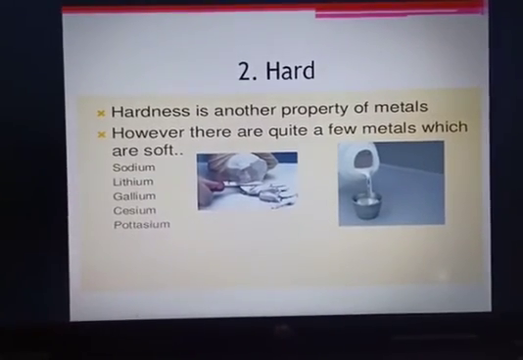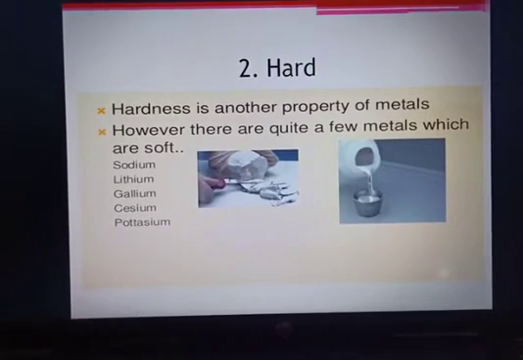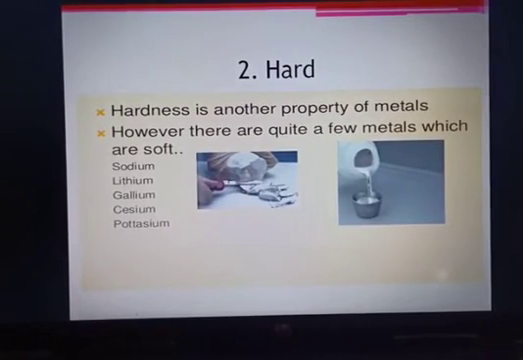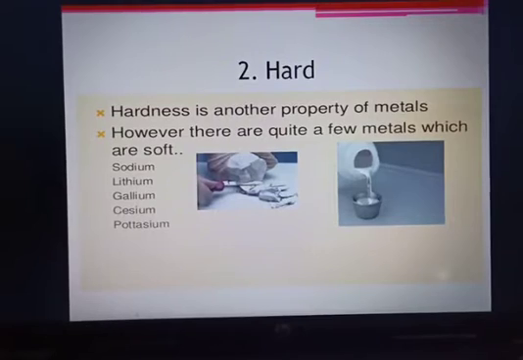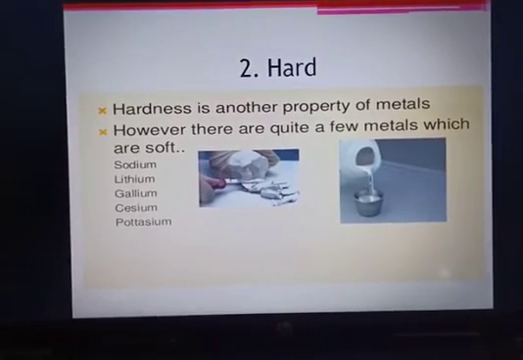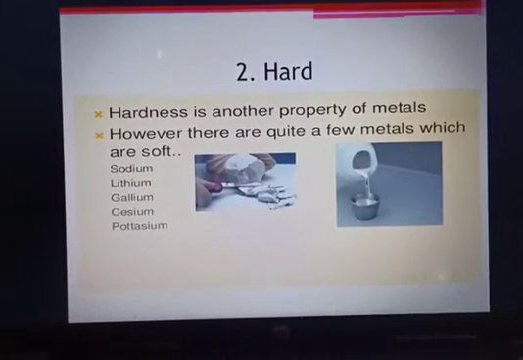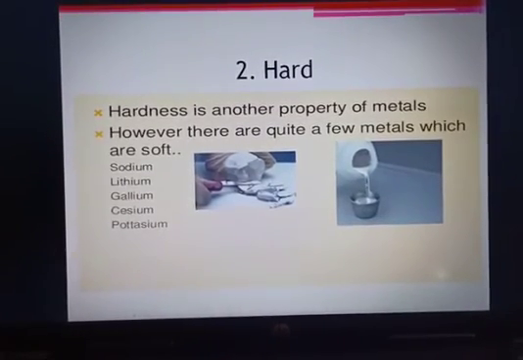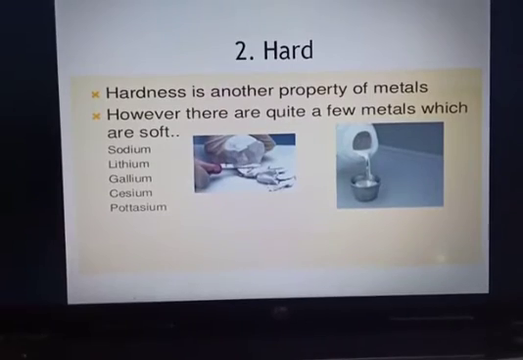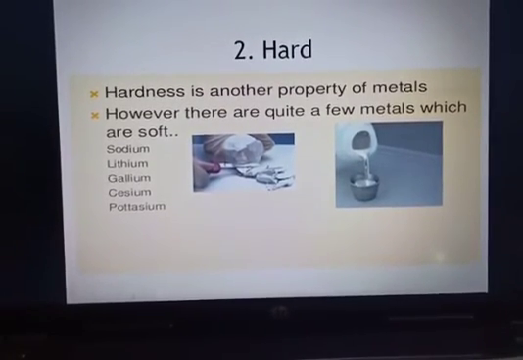Any utensils? No, right? Because these metals are generally hard in nature, that is why they won't break into two pieces. But there are a few exceptions, like I have said earlier, which are soft in nature. I'll be telling you in detail about the metals which are soft when we are discussing the exception topics, right? However, this varies from metal to metal.